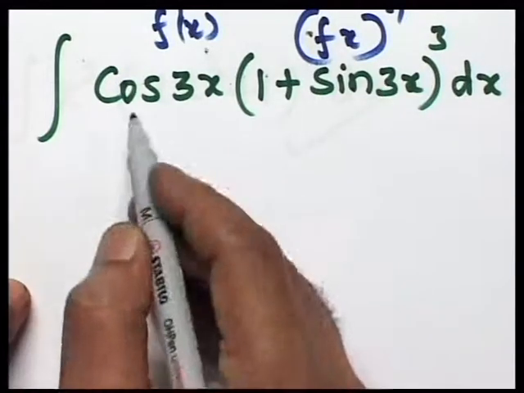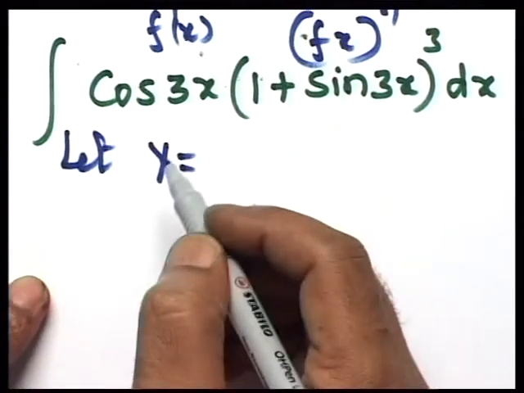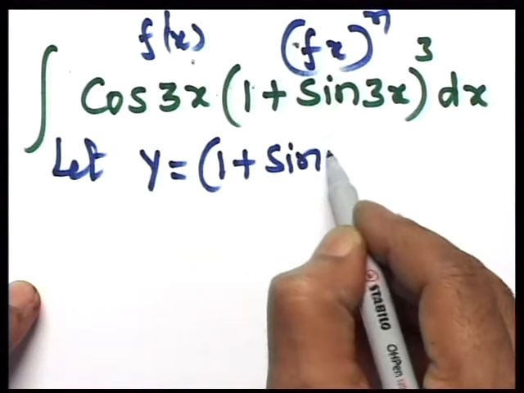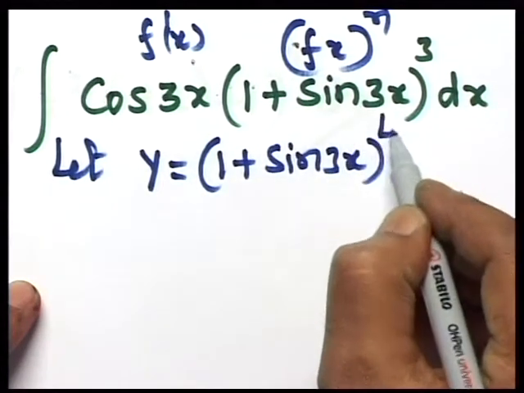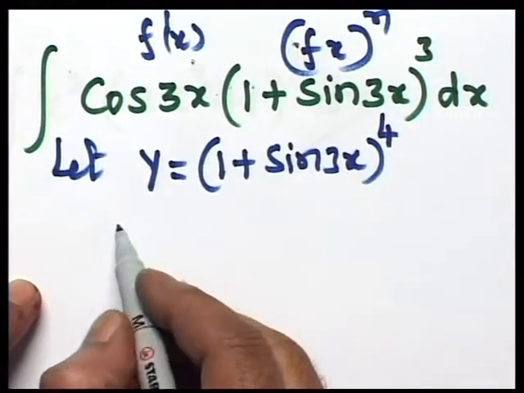So we copy this now and say our job is to guess, right? Let y equal, we take exactly the same bracket, say 1 plus sine 3x to the power 4, we increase that by 1, right? 3 plus 1. And now differentiate.